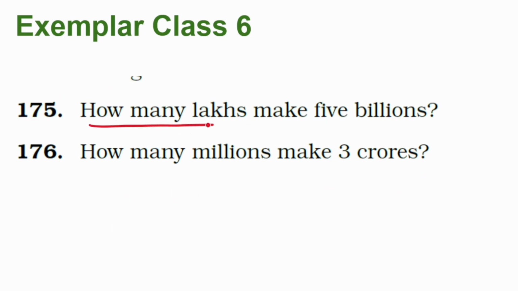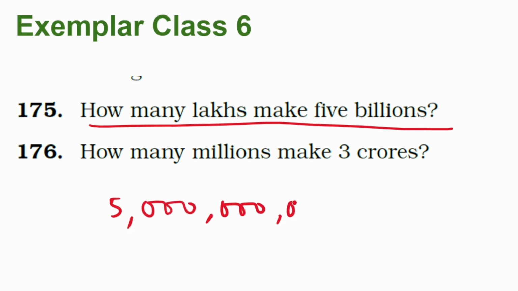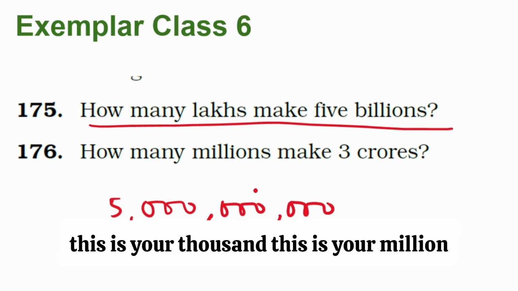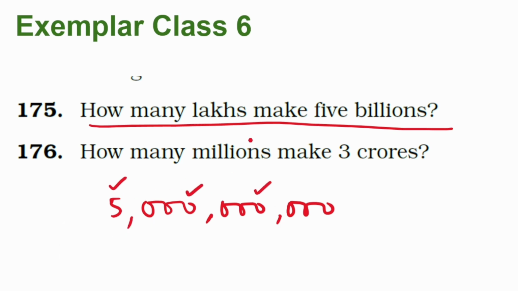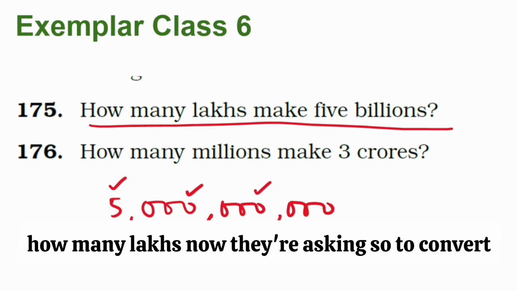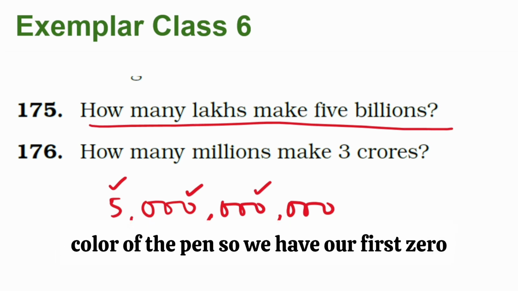Next, they have asked how many lakhs make 5 billions. So we want billion, 5, 0, 0, 0. This is 1 billion, 0, 0, 0 and 0, 0, 0. This is your 1,000. This is your million. This is your billion. Okay, so how many lakhs now they're asking? To convert this, let me just change the color of the pen.